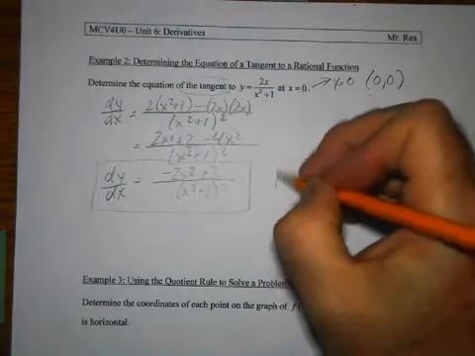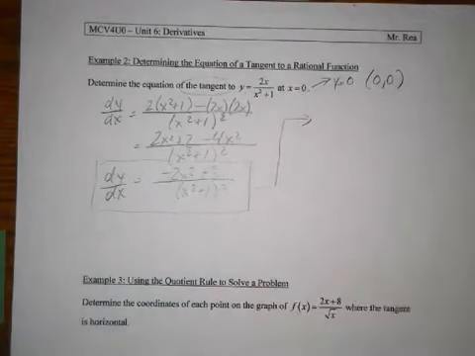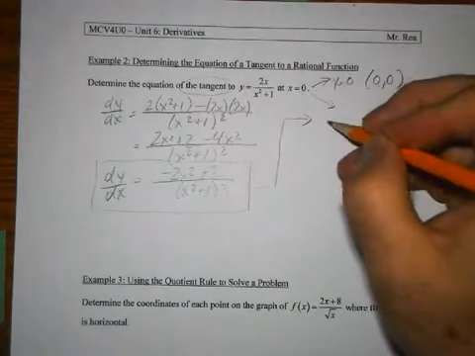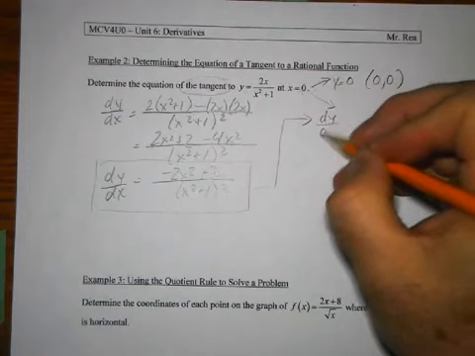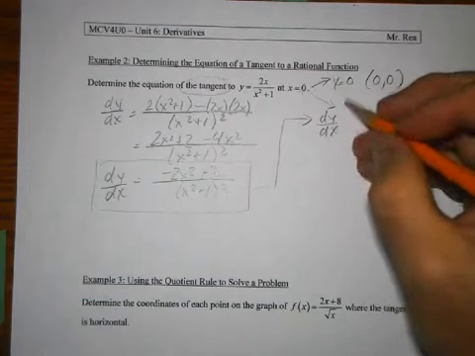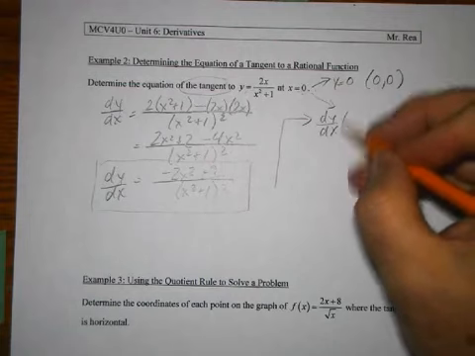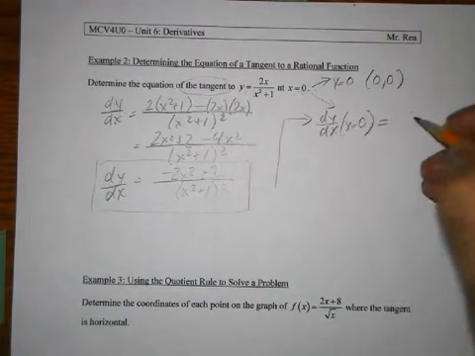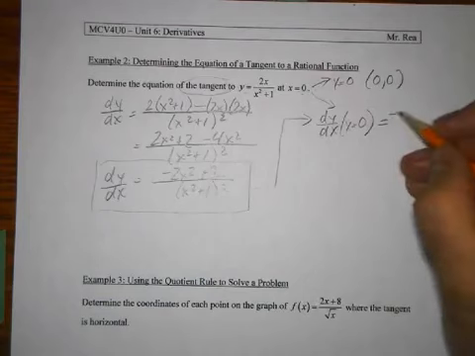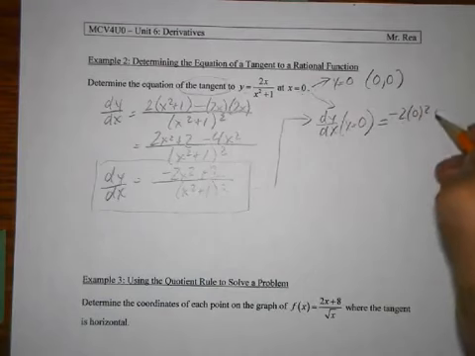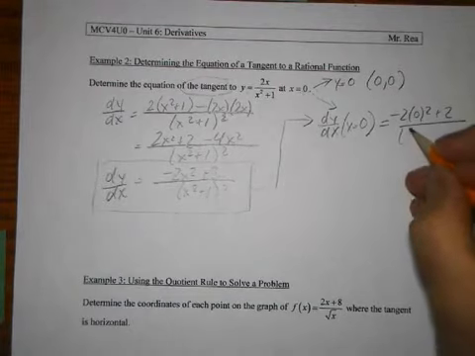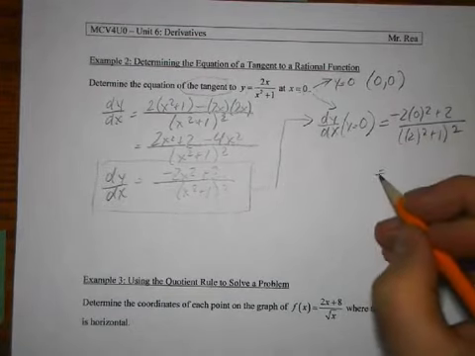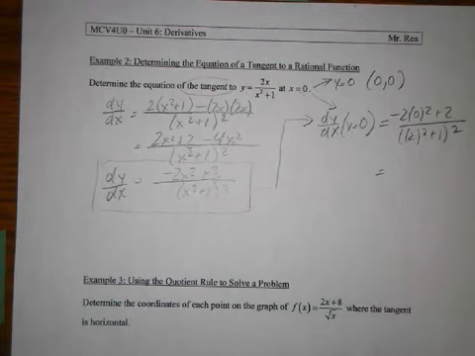Okay, so we're going to take this derivative. We're going to plug in our x equals 0. So dy by dx for x equals 0, I'll just put that in there, is equal to, and now we're going to go negative 2 times 0 squared plus 2 over (0 squared plus 1) squared. Oh, what am I doing?